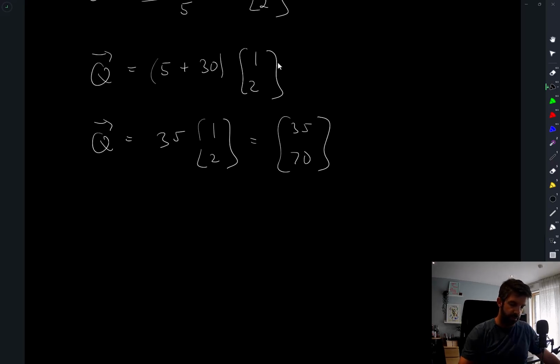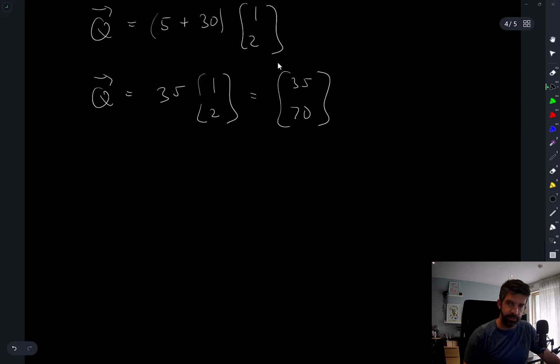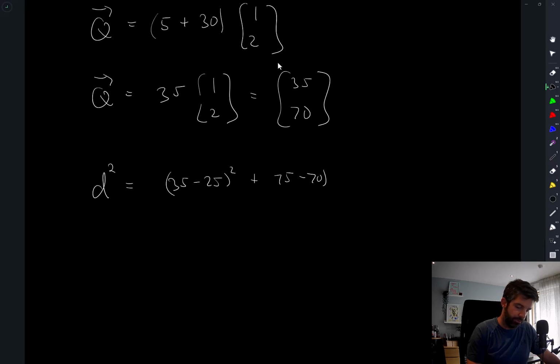Okay, so now what's the distance between our target and this point? The distance squared is (35 minus 25) squared plus (75 minus 70) squared. So here we have 100 plus 25, 125.